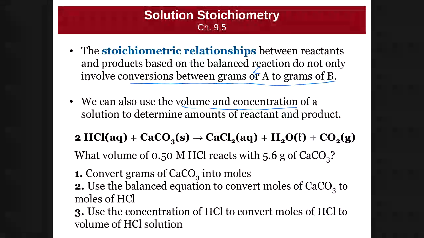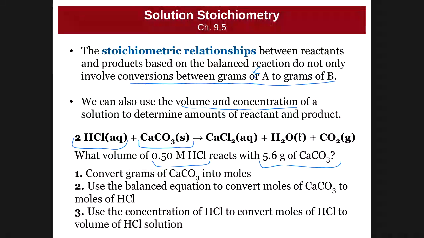So here's an example. If we have this reaction and we want to find out the volume of 0.5 molar HCl that reacts with 5.6 grams of calcium carbonate, we are going to do this using solution stoichiometry. First, we balance our equation. This is our balanced equation. We see that there's 2 moles of HCl for every 1 mole of calcium carbonate.